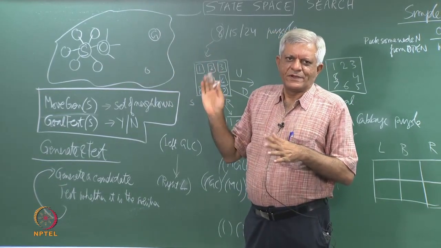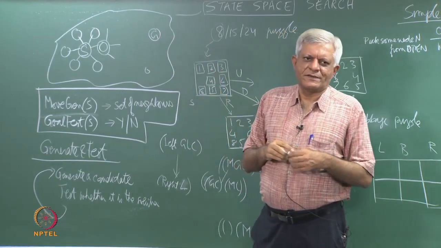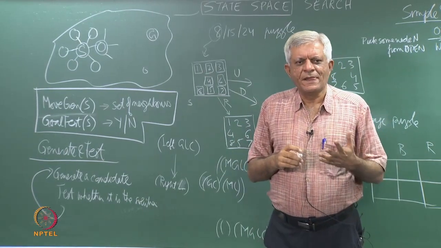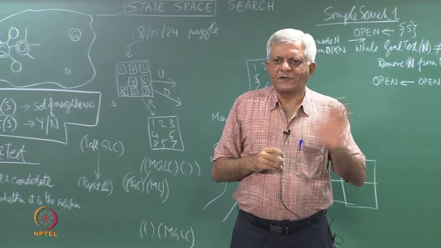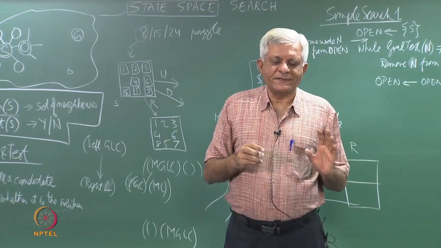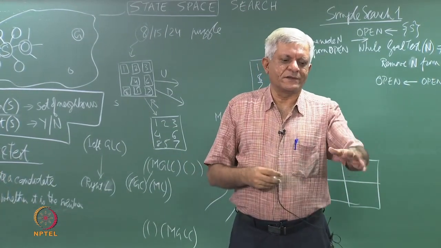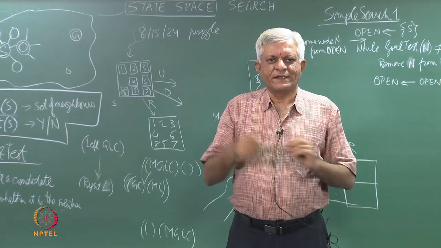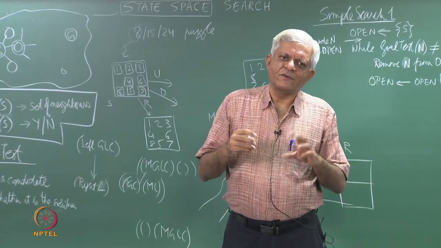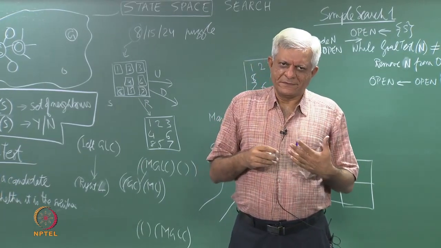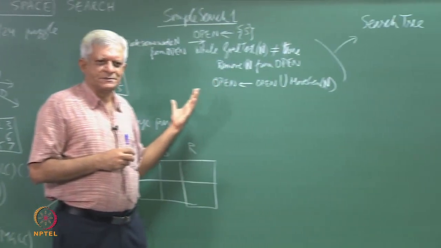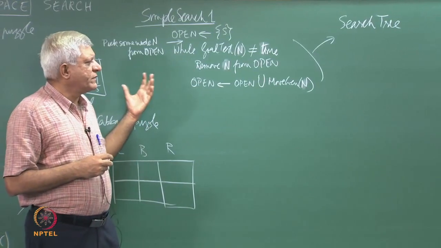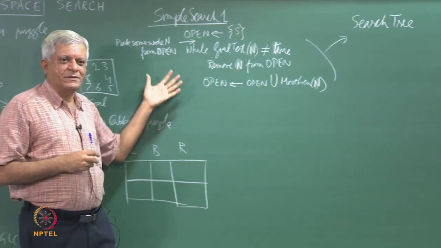So, it is basically the graph search algorithm that you must have encountered elsewhere. The only difference here is that the graph is not given to you. Nobody says that this is the entire graph for the Rubik's cube, for example, and then find a path. You have to generate the graph on the fly, and that is what generates the search tree essentially.